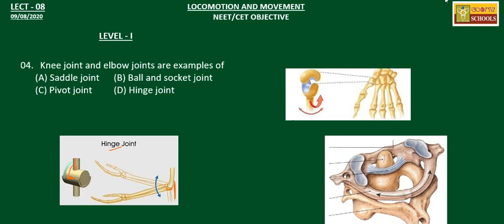So here this bone is what we call ulna, and this is the radius. Now this ulna has a small projection, which I have just marked here. That is called olecranon process.